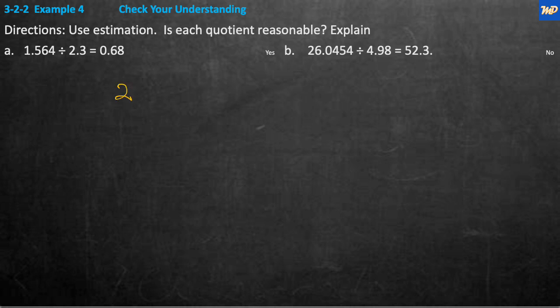So I'm going to say 2, and that's the divisor. And since this is 2, we're going to round 1.56. Well, we should round it to 1.6, because that would be like 16. So I'm going to say 1.6, because 2 goes into 1.6 pretty easily.